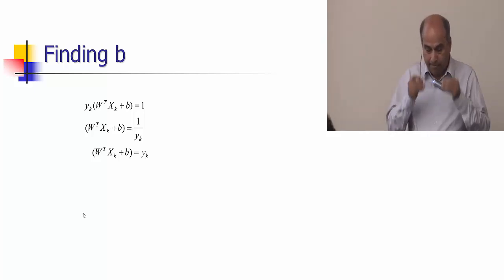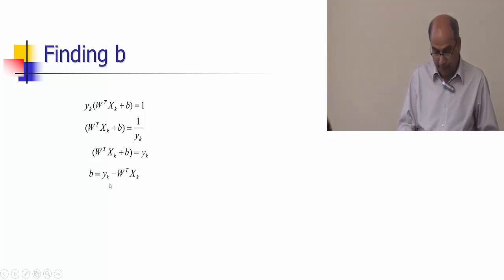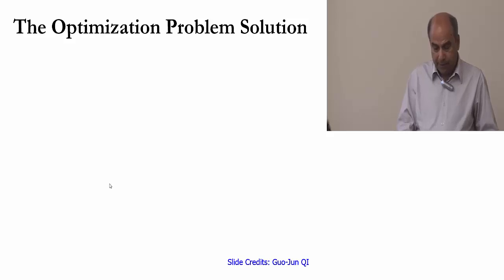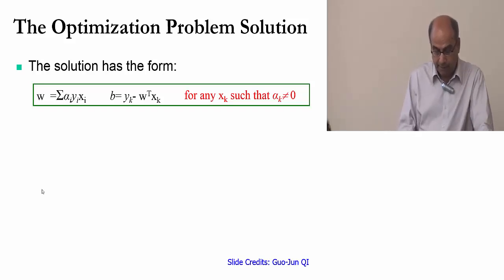Then in this one, we know yk, we know w, we know xk, so we can find b. Therefore the solution has this form, that we compute w in terms of this and b in terms of that. We have already computed alpha, then we are done. We have learned the SVM.